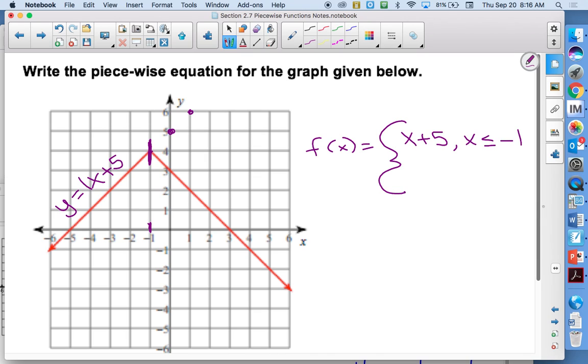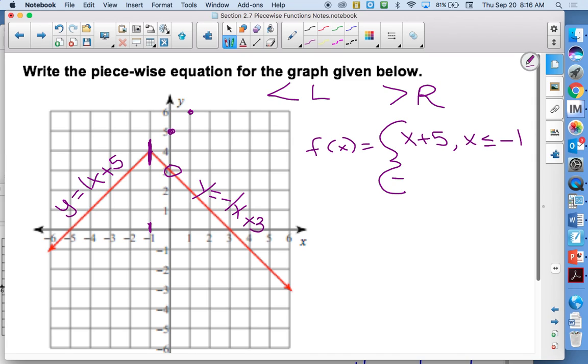So left is less than, right is greater than. Maybe you want to remind yourself. So less than, you move left. Greater than, you're moving right. The second equation, because this one is going down, the slope is -1. Its y-intercept is 3.